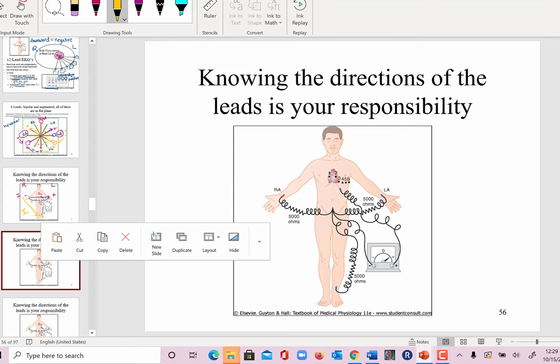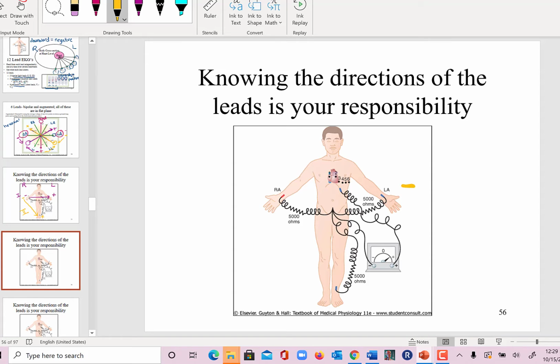Next slide. Let's now do lead 3. Lead 3 is negative at the left arm and positive at your feet. Lead 3 points down to the right. Again, this is the patient's right and patient's left. So this is lead 3 shown here in gold. Now, what about lead AVF?